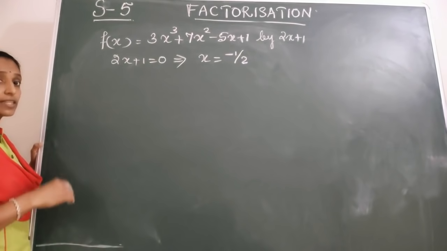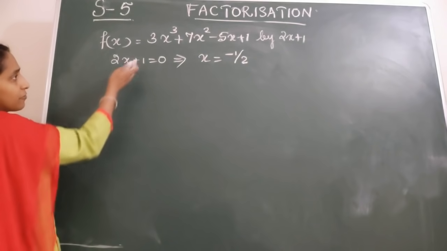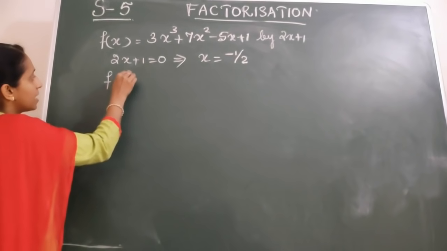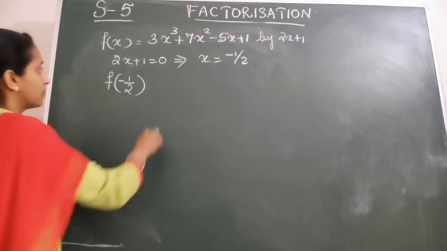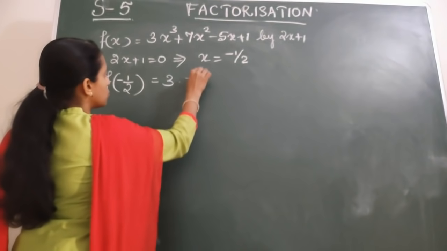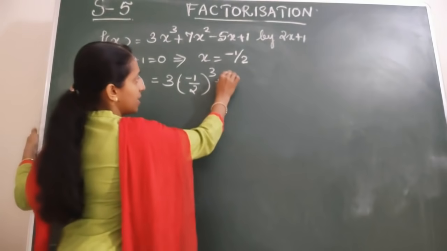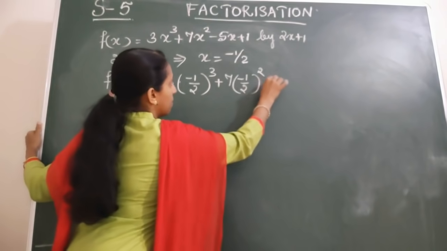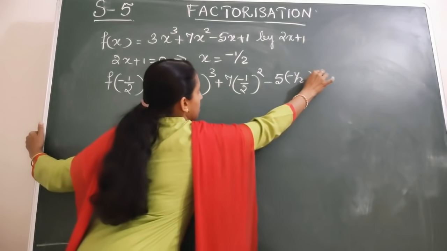Our question is to find the remainder. So you will substitute into f of x. You will write it as f of minus 1 by 2. That is equal to 3 into minus 1 by 2 cube plus 7 into minus 1 by 2 square minus 5 into minus 1 by 2 plus 1.